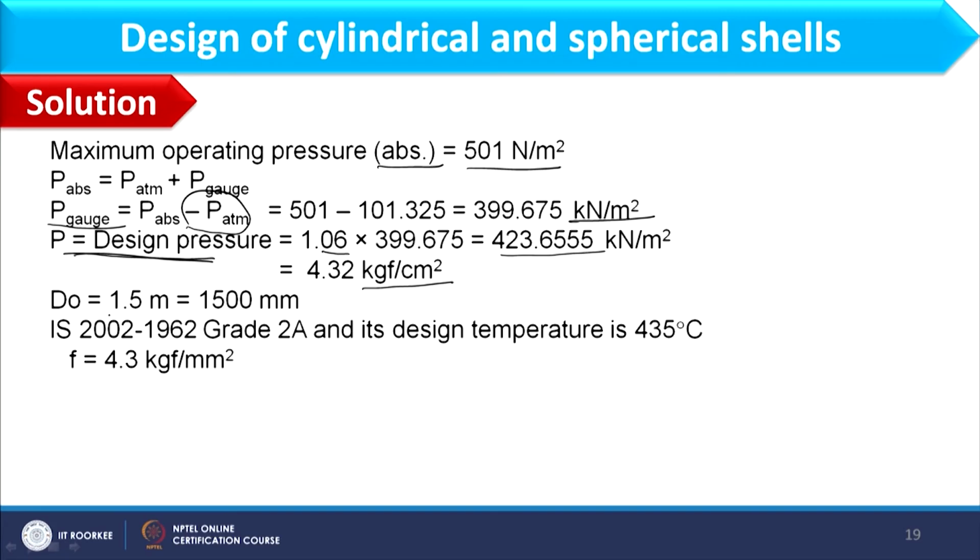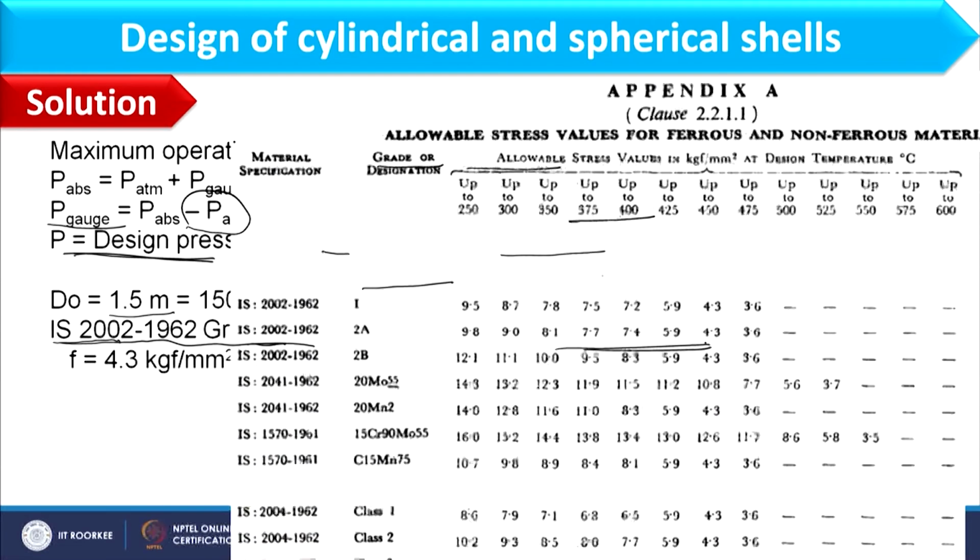Outer diameter is given as 1.5 and the material I have been given is IS 2002-1962 grade 2A, and its design temperature is 435. This information is provided to extract the value of allowable stress. So, let us see the table of allowable stress.